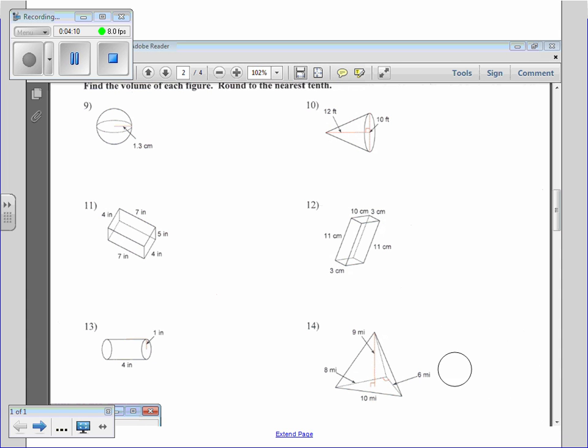My volume formula for rectangular prism is volume equals the area of the base times the height. It just depends on what I consider to be my base. If I figured that this right here is my base, I would find the area of that rectangle and then multiply it by the height, which would be here. Some people might look at this a little bit different.